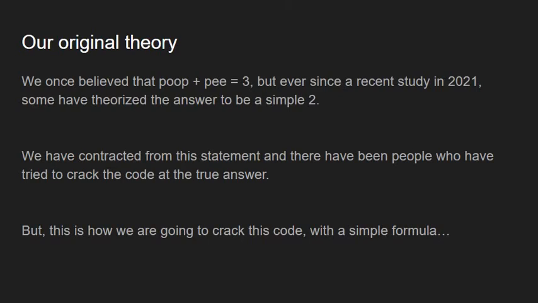But ever since a recent study in 2021, some have theorized the answer to be a simple 2. We have contradicted the statement. There have been people who have tried to crack the code at the true answer. But this is how we are going to crack this code with a simple formula, class, alright?